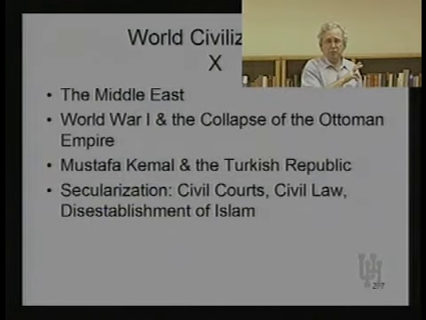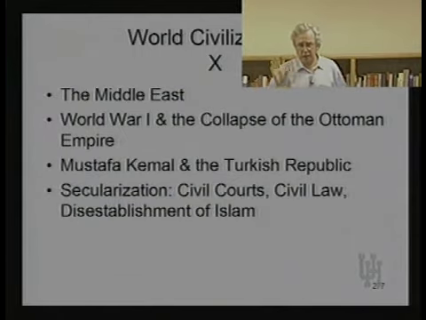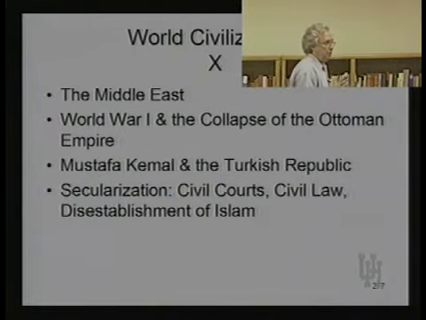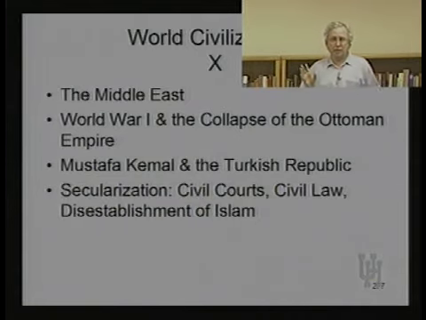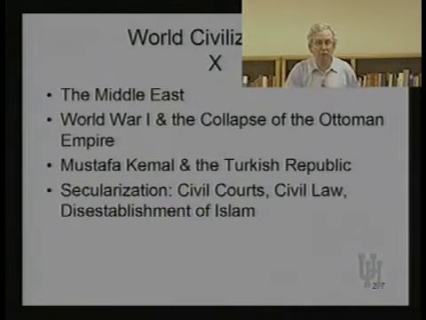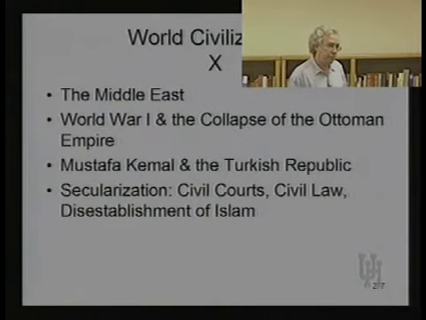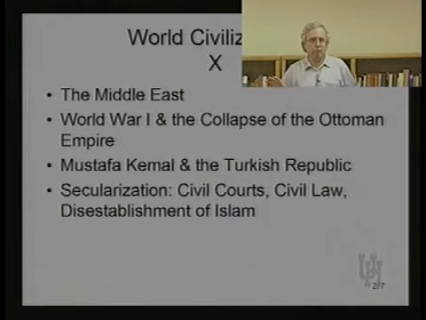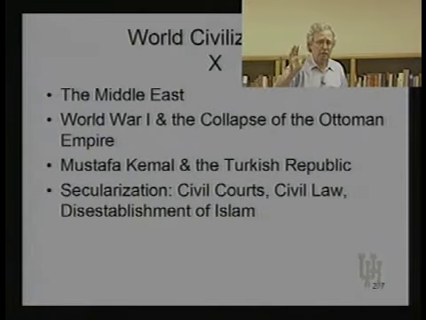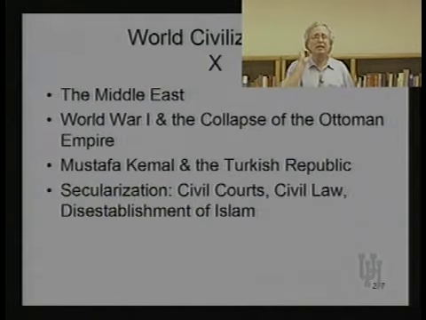A second tradition that we're going to see emerge is that of monarchy, heavily influenced by the Europeans. As the Europeans take control of much of the Middle East after the fall of the Ottoman Empire, they are going to create dynastic systems in much of the Middle East to rule these states. And a third tradition that we'll come to in a few minutes is an Islamist tradition, one that argues that the main focus of identity for our states, our societies, should not be the state itself, but Islam.